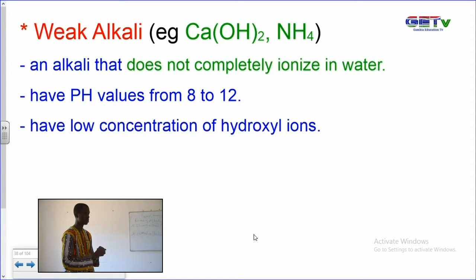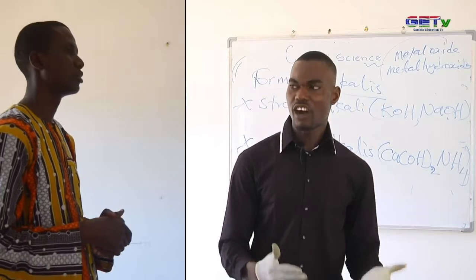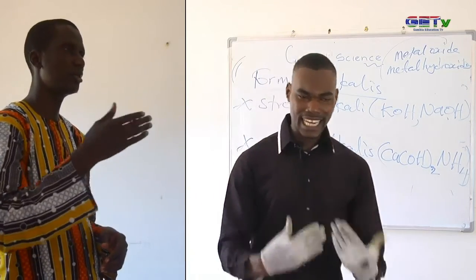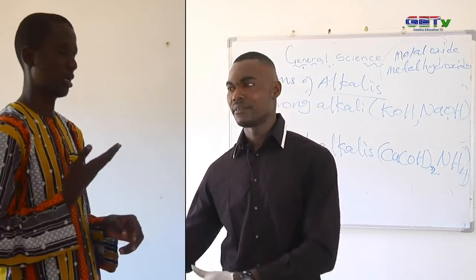Strong alkalis completely ionize in water, but weak alkalis do not completely ionize in water. Remember that. Strong alkalis have pH of 13 and 14, but weak alkalis have pH ranging from 8 to 12.